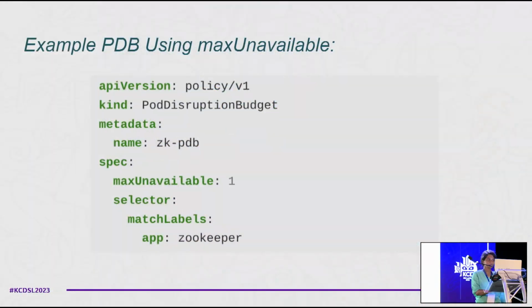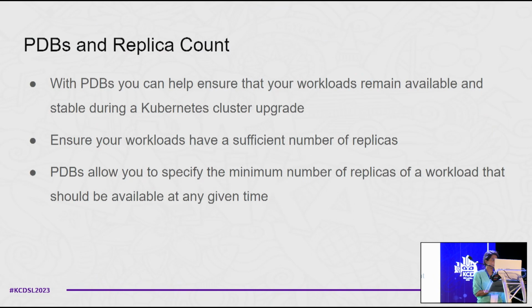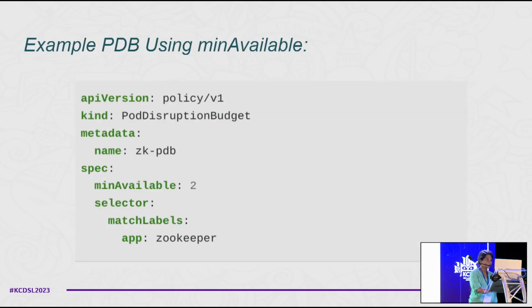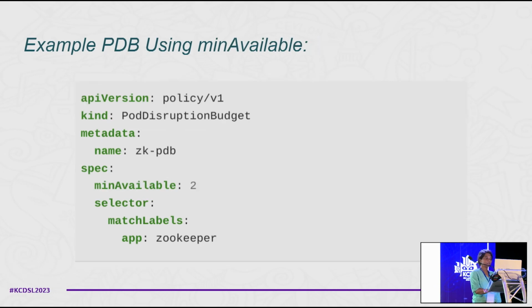We can define these pod disruption budgets in two different ways. First, we can specify a field called minAvailable, and the next one we can specify as maxUnavailable. So this is a PDB manifest.